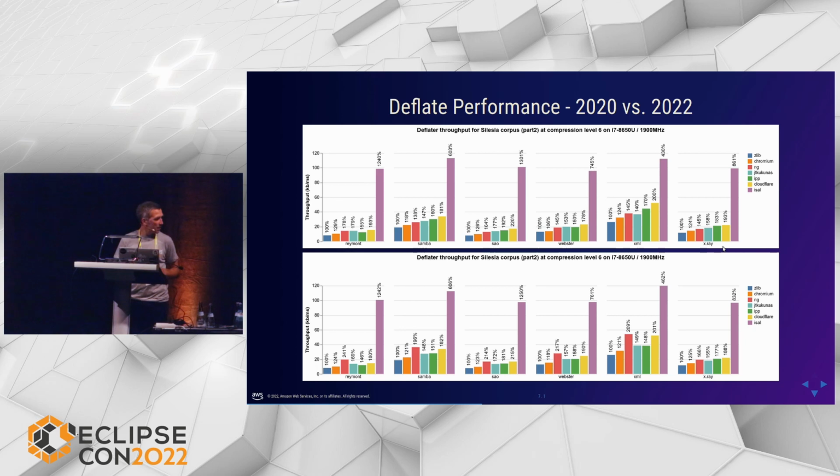And you see here the ISA-L library, that's the Intel storage acceleration library. It's quite fast. It's like 4 times, sometimes 6 times faster than the original zlib. So zlib is always 100% in these charts.